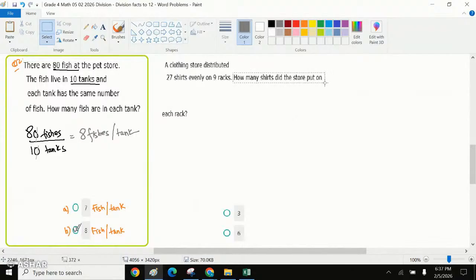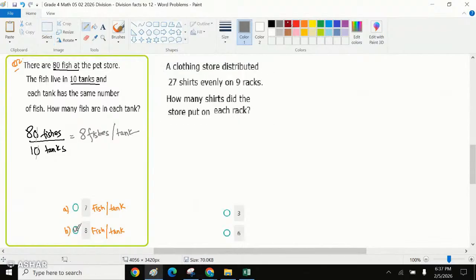How many shirts did the store put on each rack? Let this be our question number 3. Option A, option B. 3 shirts per rack or 6 shirts per rack, per each rack.